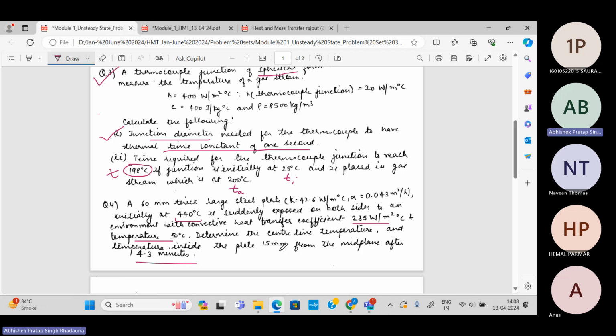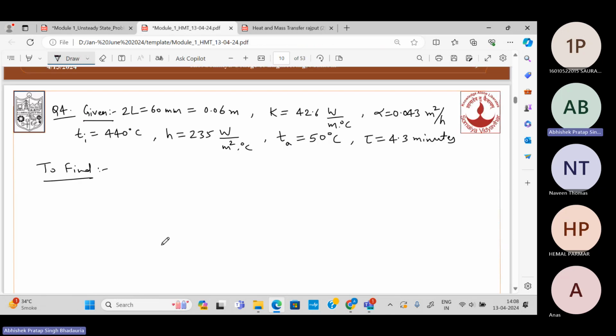The first step for solving the problem is to calculate the Biot number. The first is we have to find the center line temperature, and the second is to find the temperature inside the plate 15 from the mid plane.